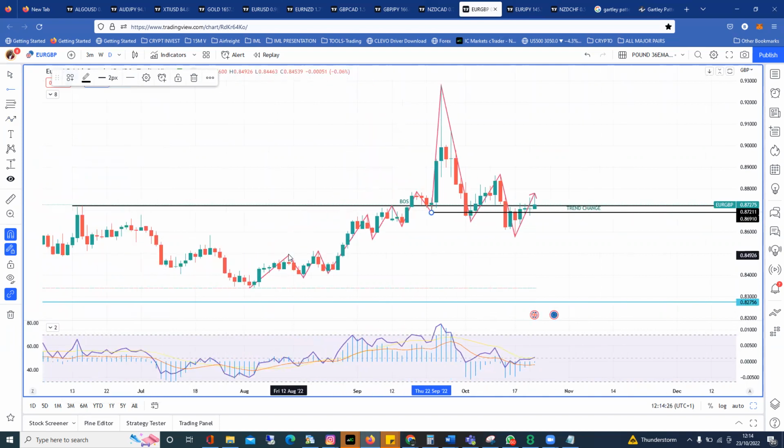Because as we are coming, this is a high, low, higher high, higher low, higher high, higher low, higher high, higher low, higher high, higher low, higher high, then lower low compared to that, then lower high compared to this, then another lower low compared to that, and then what we are seeing now is a lower high compared to this.